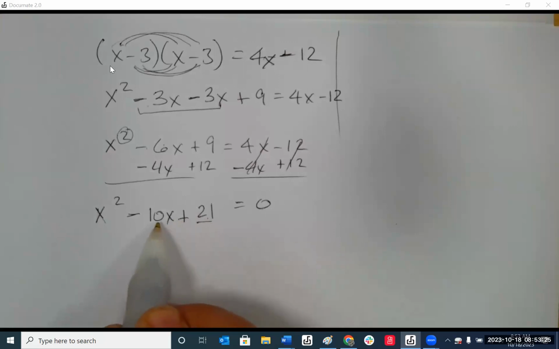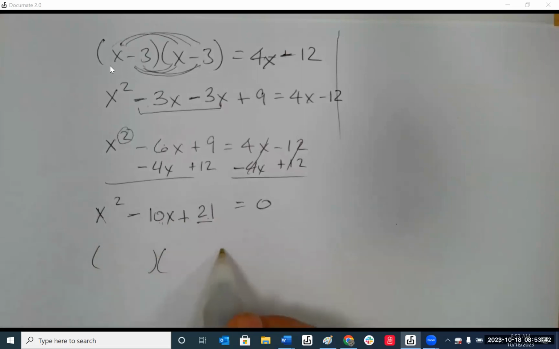When you add them, you get 10. It helps if your multiplication skill is pretty good. What equals 21? 7 times 3. 7 plus 3 is 10. So yes, in this case, we can factor.